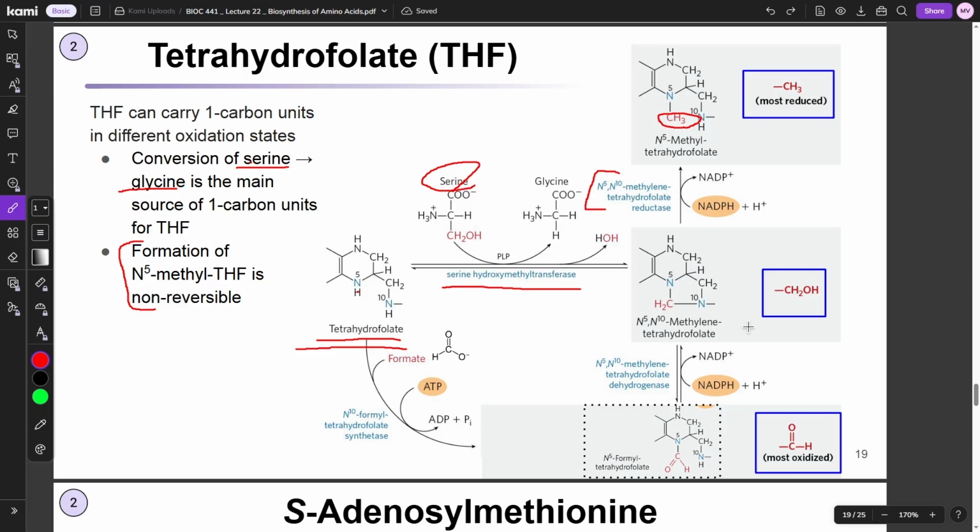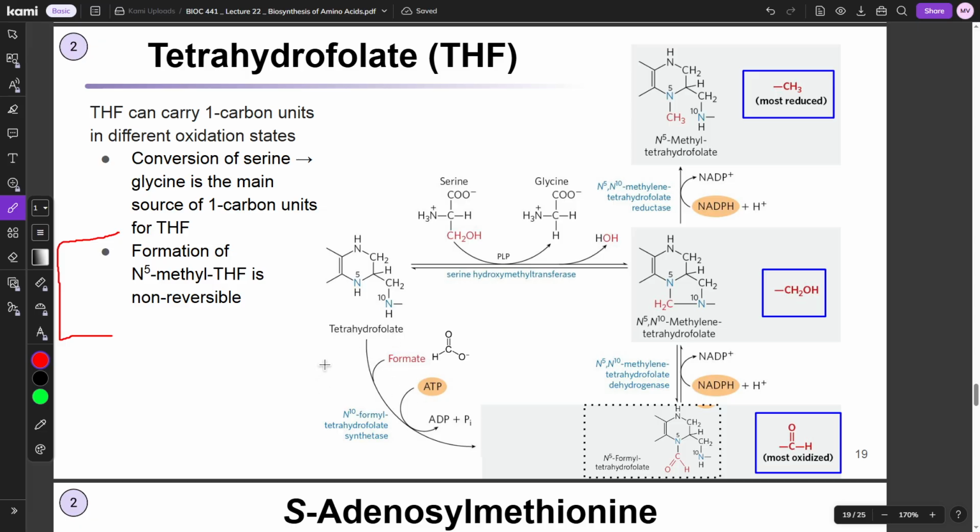Or you can oxidize it again using NADP+, and you can go this way to make this. Basically you're oxidizing this, and so you make this aldehyde, if you will. What is important to recognize about this is that, like I said before, this is irreversible.